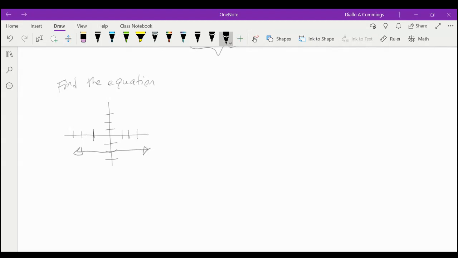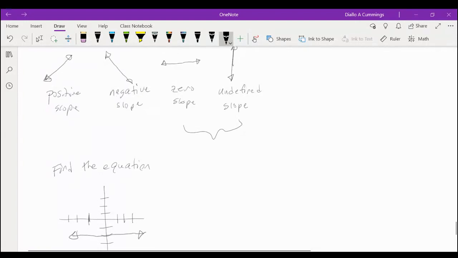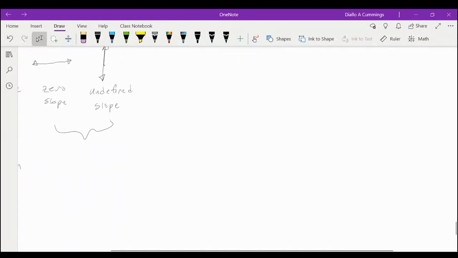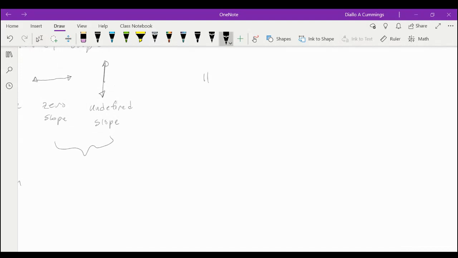The first thing to notice is that it's a horizontal line. Horizontal lines are in the form y is equal to some constant.